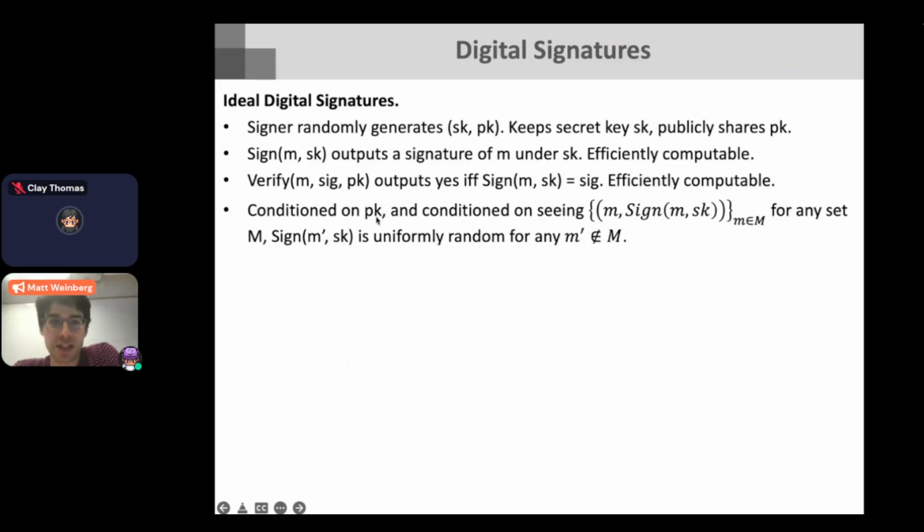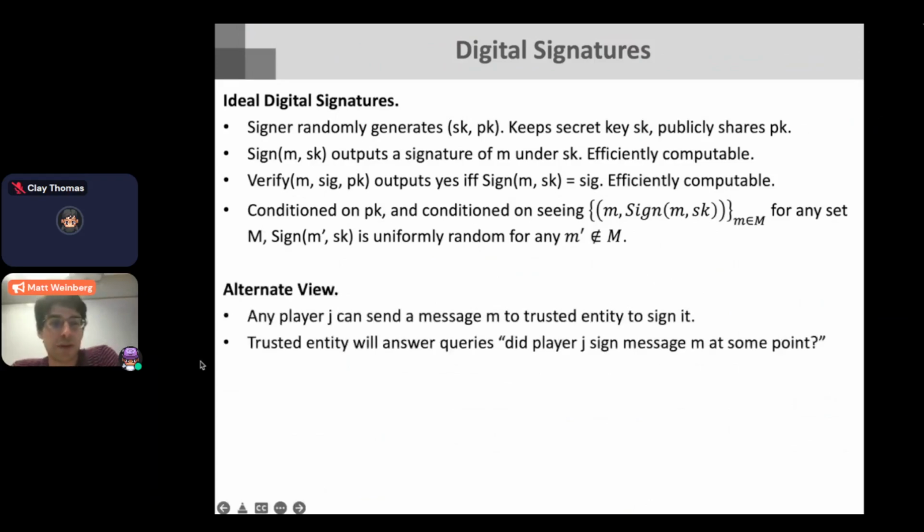So even conditioned on knowing PK, even conditioned on seeing lots of signatures, you still don't know what's going on for one you haven't seen yet. Again, there are not constructions that get you exactly this, but I think this is the right way to understand what a digital signature is generally doing.